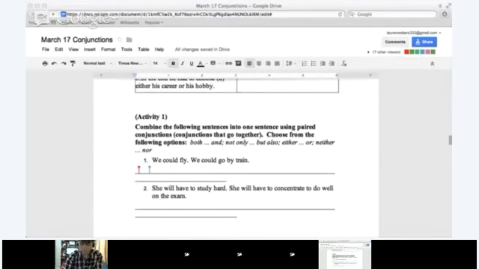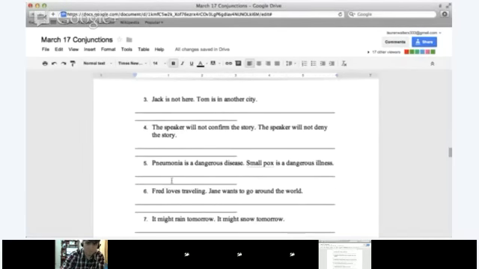So from Activity 1, I'm going to give those to Albus. Can I get you to do number 1 and number 2? Sure. Great. Okay, Daniel, I'm going to get you to do 3 and 4. Okay. Diego?